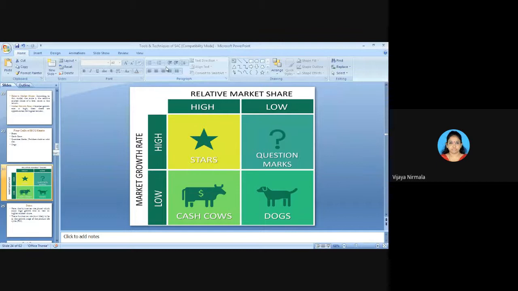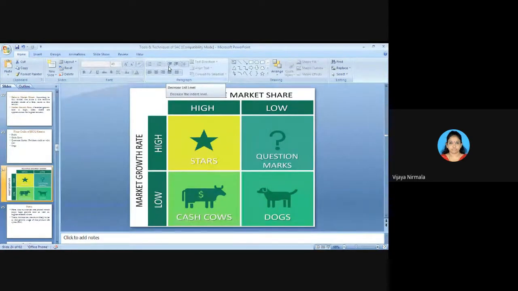So if relative market share and market growth rate both are high, it moves to stars. That is, the market share is high as well as the growth rate is also high. So in which category does it go? It goes to stars.